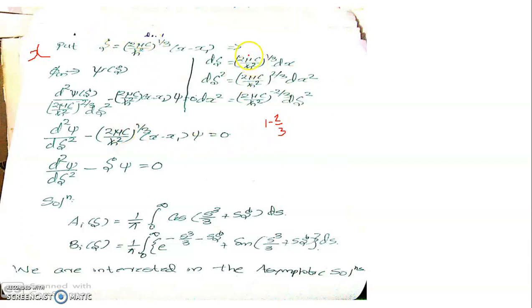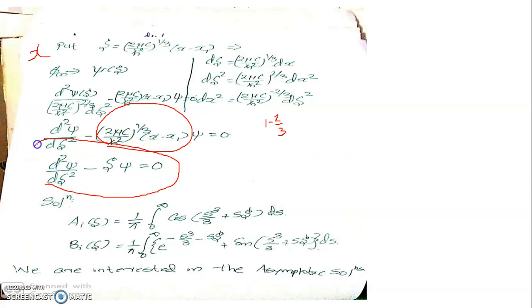That turns out to be a substitution for zeta: (2 mu c by h cross square) raised to 1 by 3 into (x minus x1) into psi. Now exactly this is zeta. We substitute it. The Schrödinger equation modified in terms of psi of zeta is d square psi of zeta by d zeta square minus zeta psi equals 0.